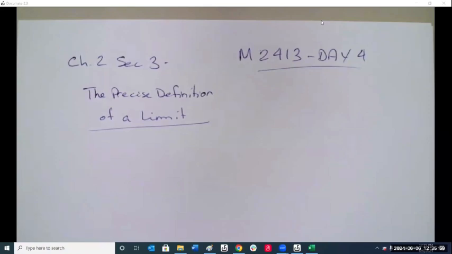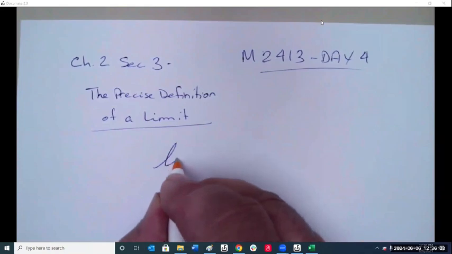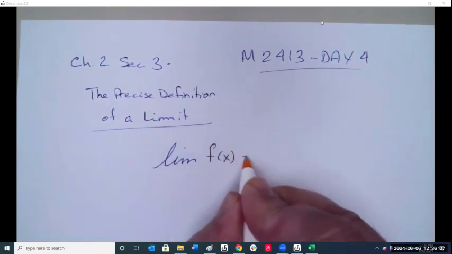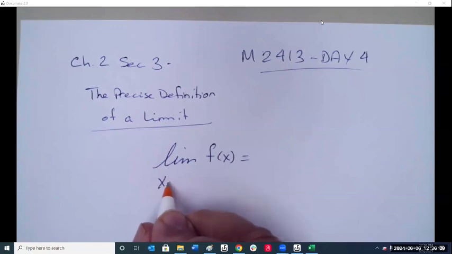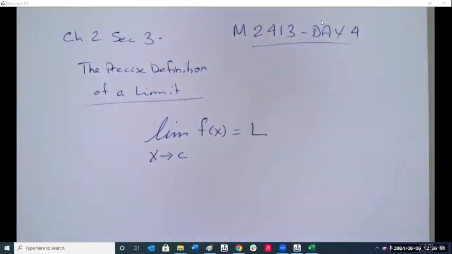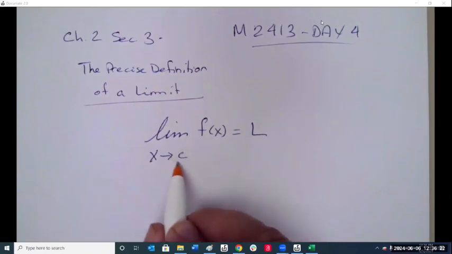So what does it mean to have a limit to begin with? We know that the limit function looks like this. And there are a whole bunch of things around there. What is C?